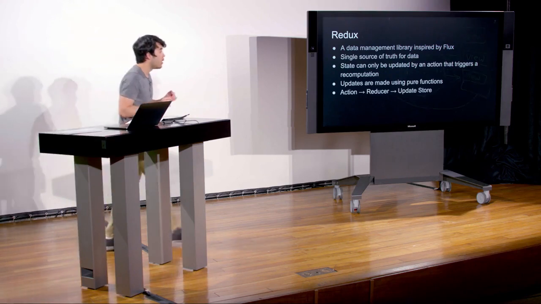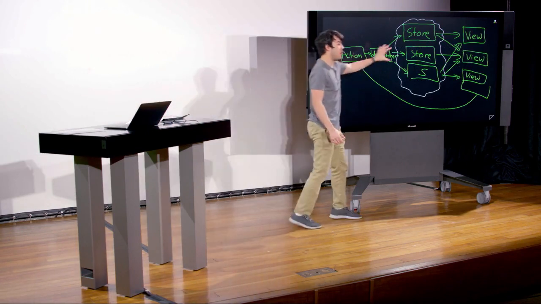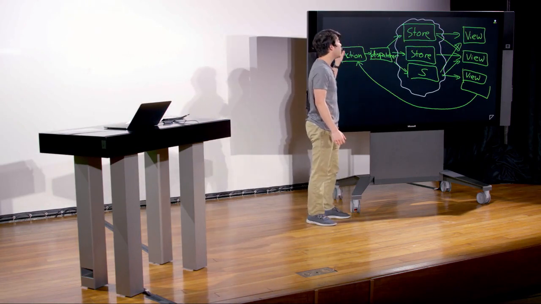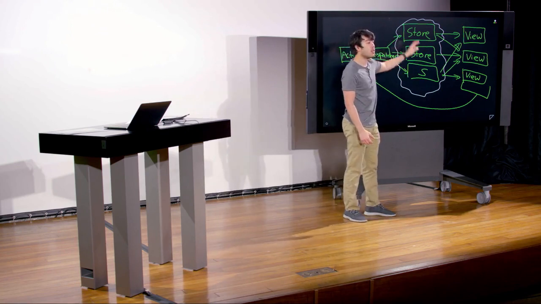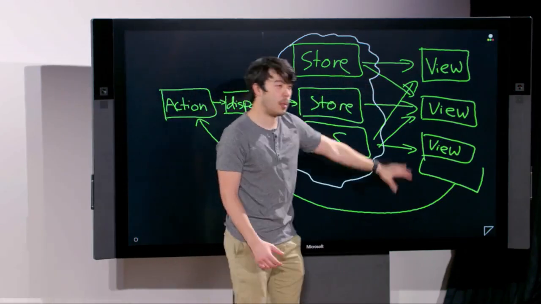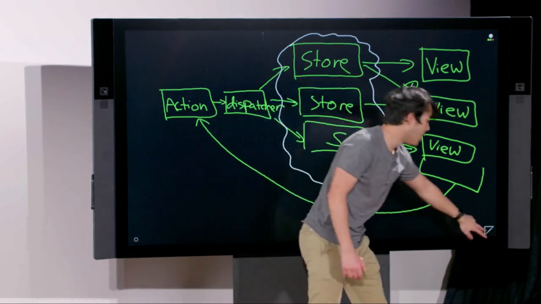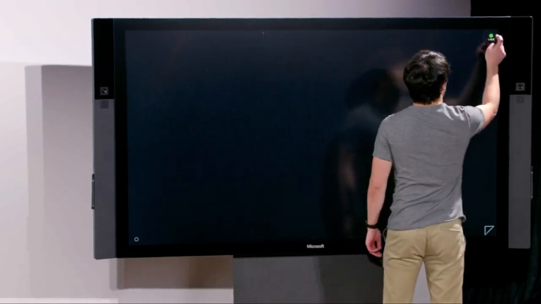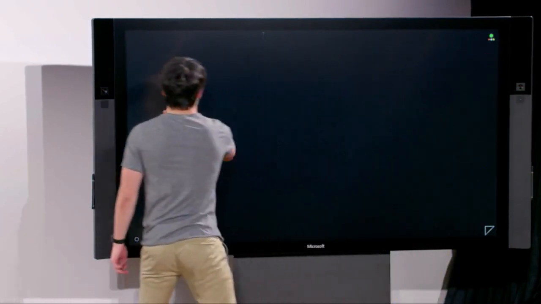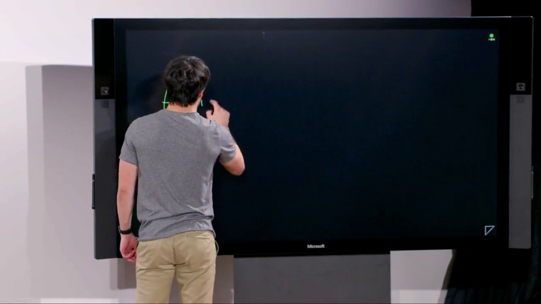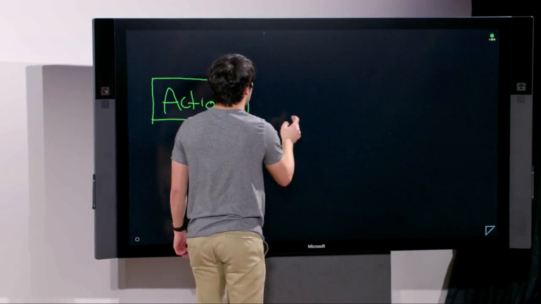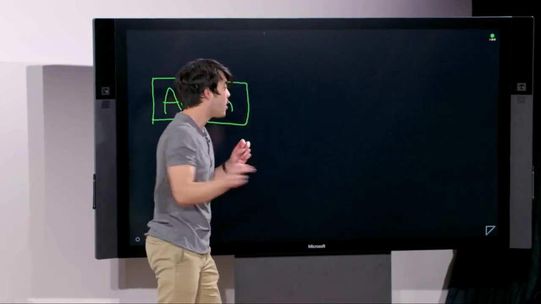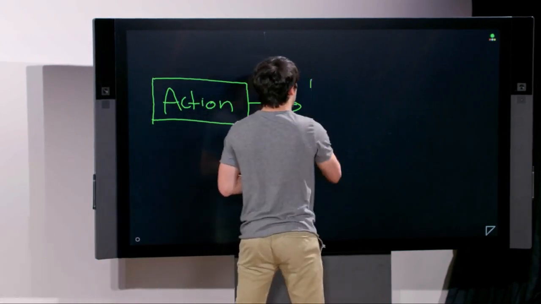And so to draw that, if you remember this from Flux, we have actions go through a dispatcher, which updates some number of stores, which then updates some number of views. And in Redux land, we have an action that gets dispatched and updates some central store.